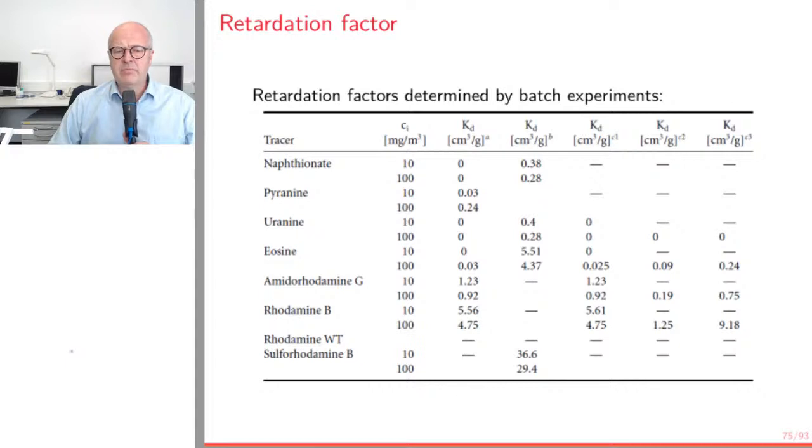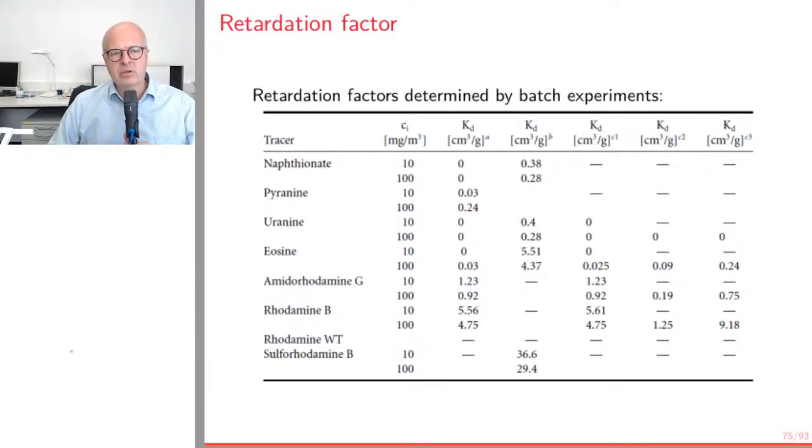Now we see immediately that sulforhodamine, amidorhodamine has significant retardation, or has a higher KD value, and you see that naphthionate, pyranine, eosine are closer to ideal conditions, although not perfect. So if you can use Uranine, naphthionate, pyranine, eosine are okay. You have to make compromises.